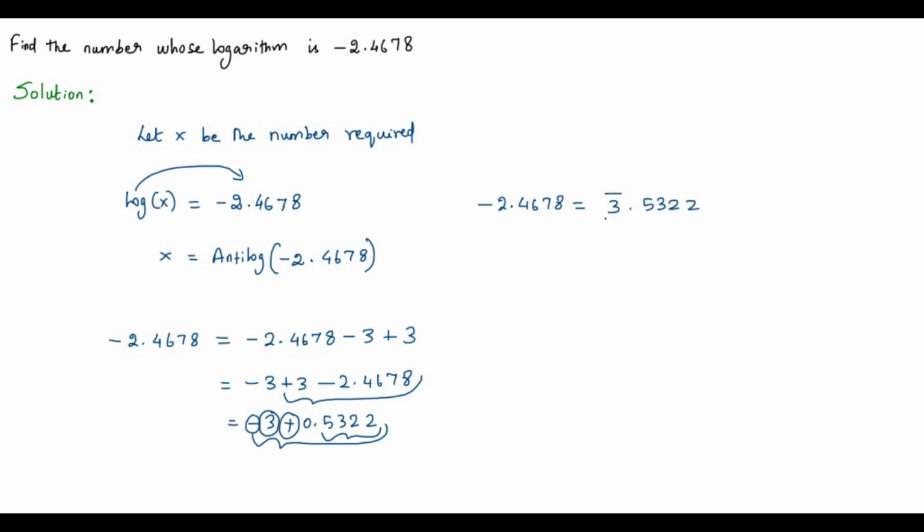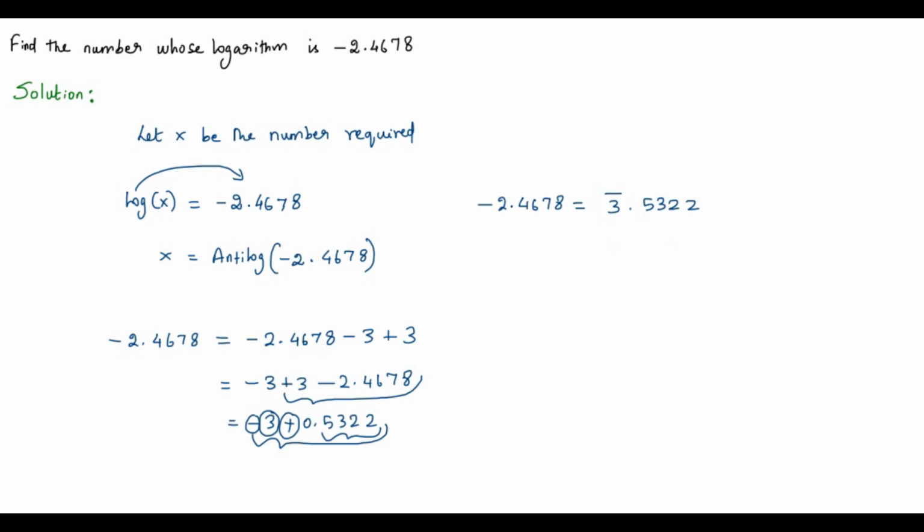So in the same number we give a negative sign for 3 and a positive sign for the fractional part 5322. If I write a bar at the top of the number 3, it also means minus, but this minus is applicable only for this 3, not for the whole number. So what about the digits 5322? The sign of these digits is positive.